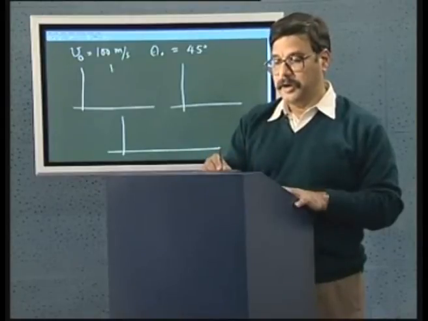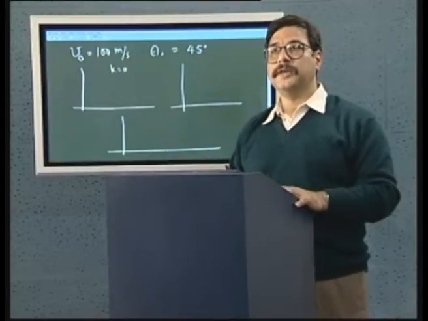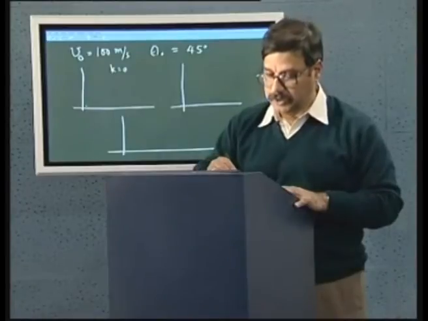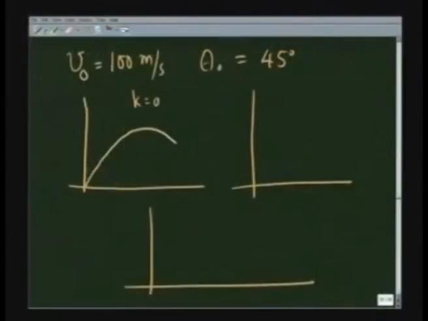I take k equal to 0, the case of no drag or no viscosity. In that case, you are well familiar that this comes out as a parabola. Its height is about 254 meters and the range comes to about 1010 meters.